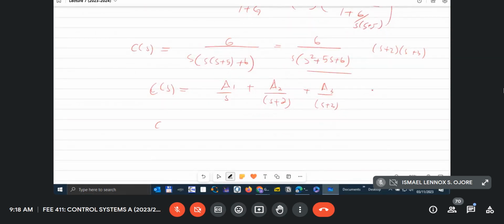So for partial fractions, your A1 will be what? What is A1? A1 is 1, and A2, what is A2?